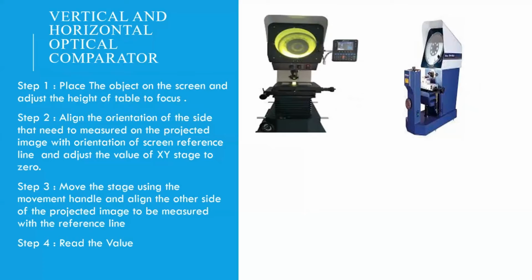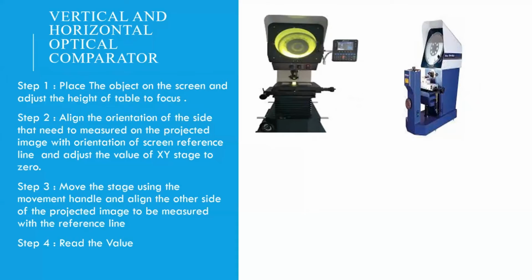Step 1, place the object on the screen and adjust the height of the table. Step 2, align the orientation of the side that needs to be measured on the projected image with the orientation of the screen reference lines and adjust the value of the X, Y stage to 0.